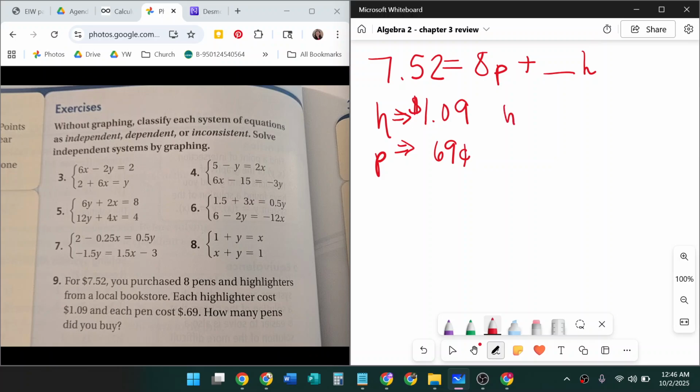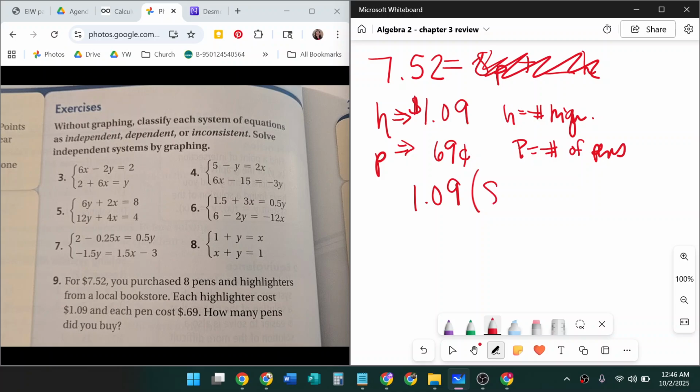H is actually representing the number of highlighters that I bought, and P is the number of pens, and then that's the cost. So like if I take 109 times, oh yeah, that's written wrong, times the 8 pens that I bought, no, pens are 69 cents, times the number of highlighters that I bought, and then I take the 69 cents times the number of pens that I bought.